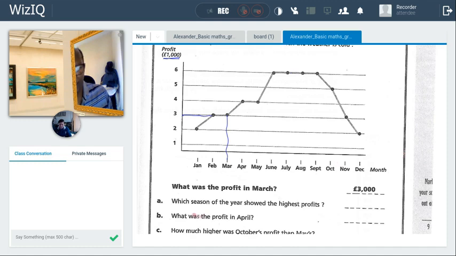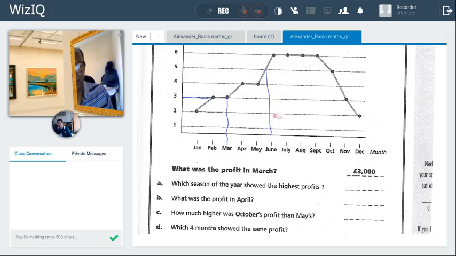Which season of the year showed the highest profit? Summer. Okay, so here summer is when? June, July, August. So if you draw the line for June, where are you? Straight up, 6,000. Is this line correct that I've drawn?